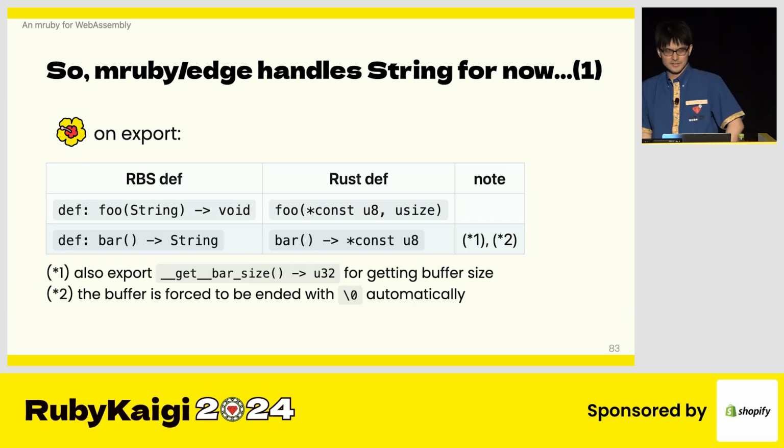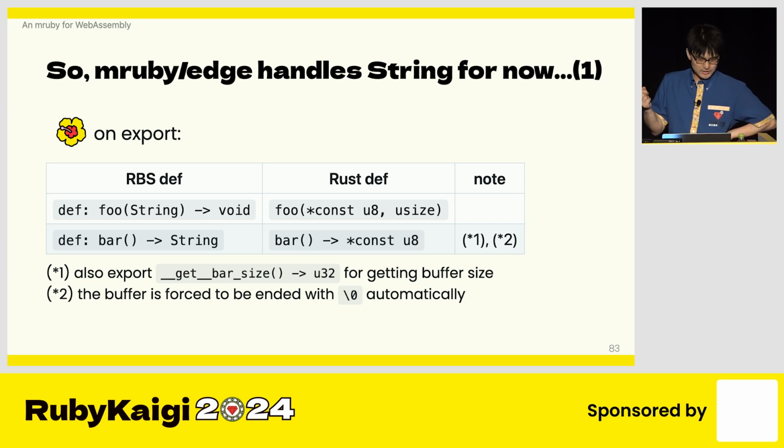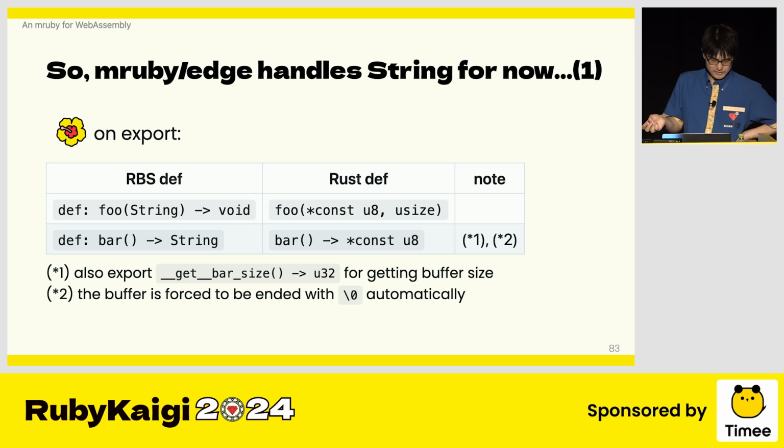So mruby edge has its string handling conventions. When you specify in RBS that the argument is a string, this is converted into a pointer and length. Also, you can specify a string as the return value.